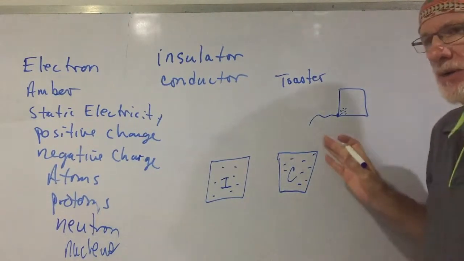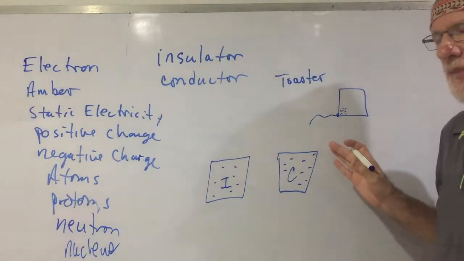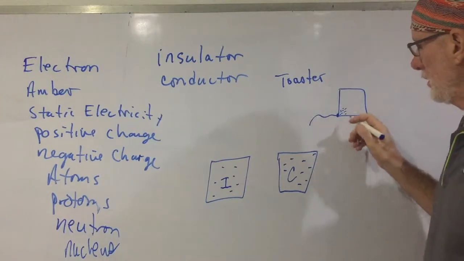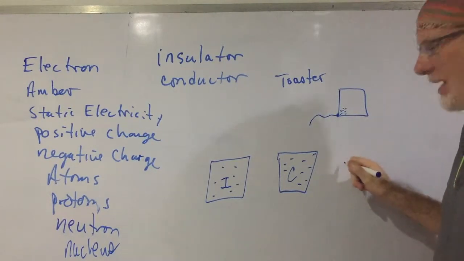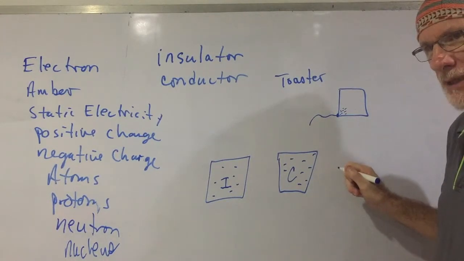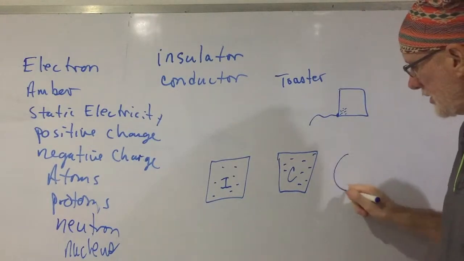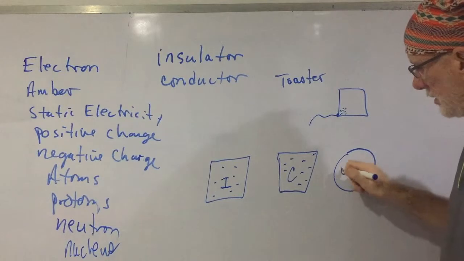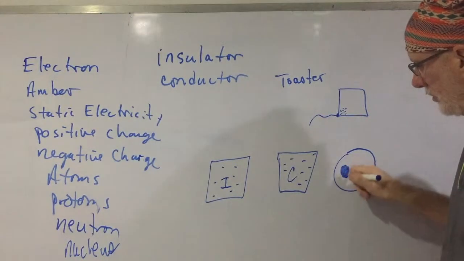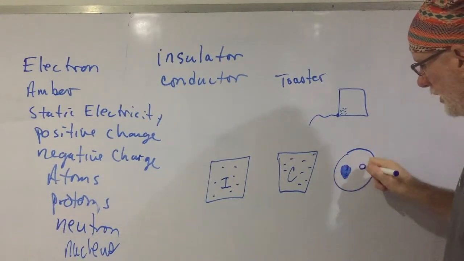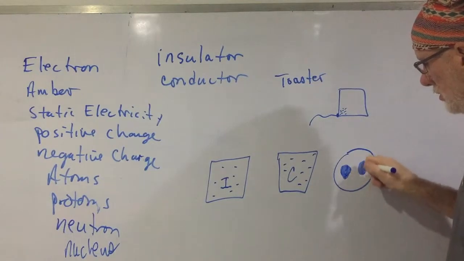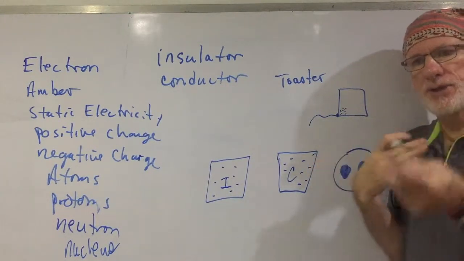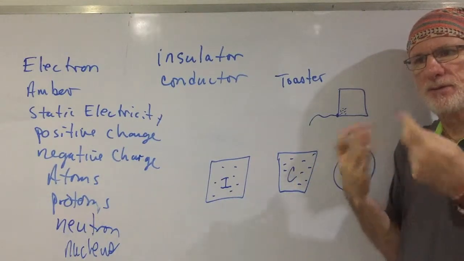I'm not sure how I want to explain this, so I'm hedging a little bit. In a wire, let's do a cross section of a wire. Okay, that's a cross section of a wire. I have two wires that conduct the electricity to and from the toaster.